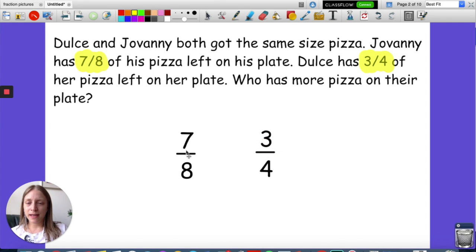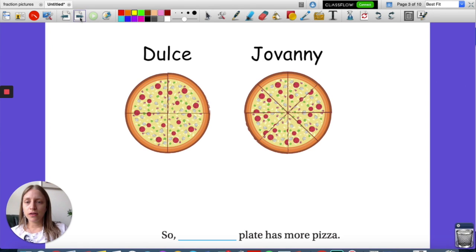I'm noticing that they both have different numerators and that they both have different denominators. I think I'm going to have to draw a picture to really understand this problem. So let's see. I have two pizzas here that are the same size.